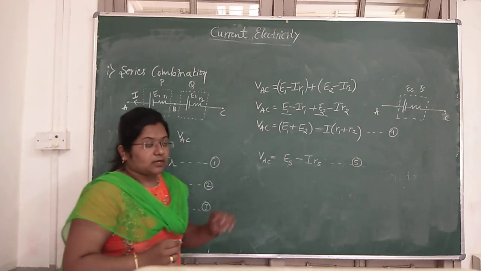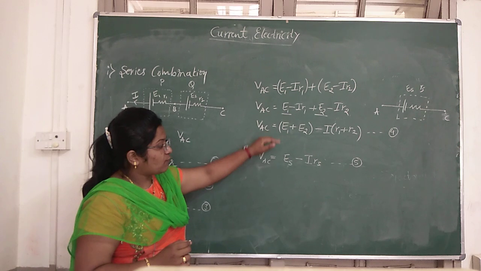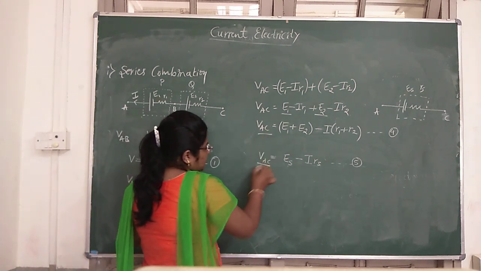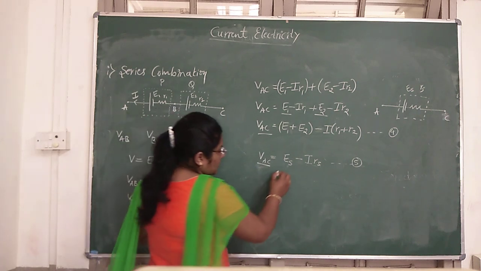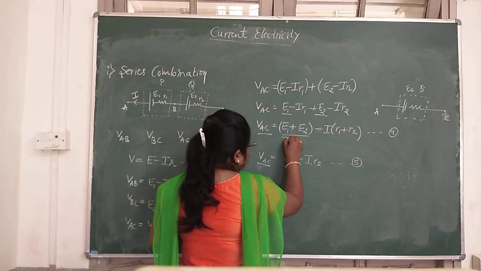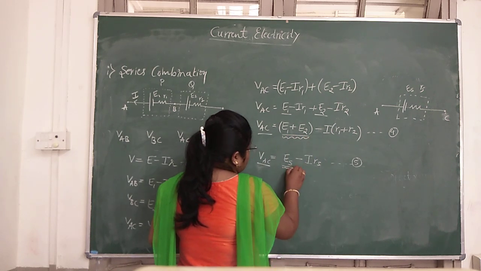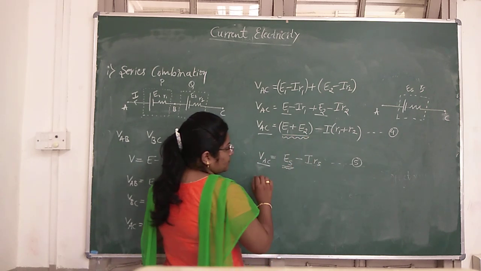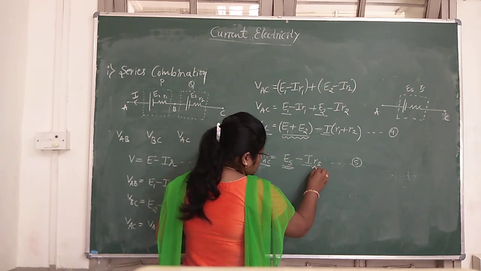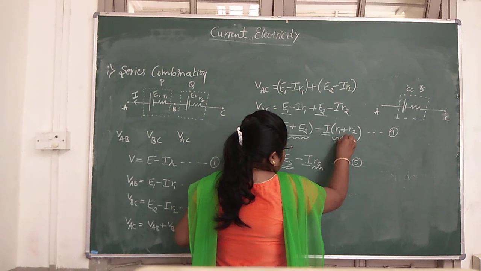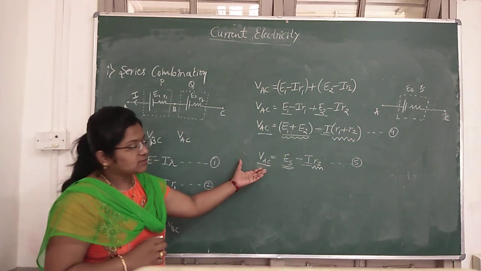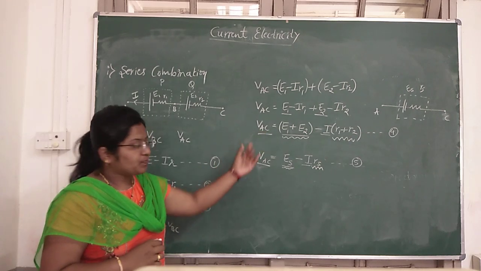Now compare these two equations 4 and 5. VAC is same. ES is there, E1 plus E2 is there. I is same. RS is there, here R1 plus R2 is there. So what we can conclude by these two equations?